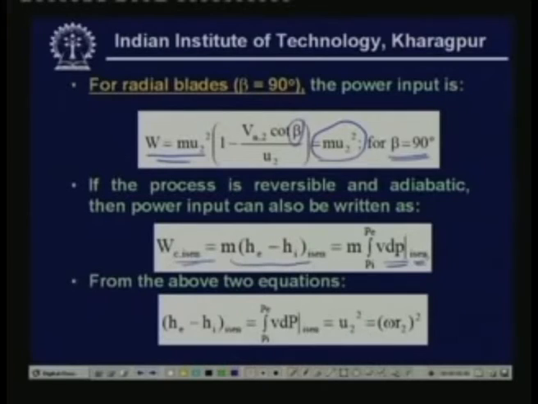If you equate these two equations, you finally find that the enthalpy rise for the isentropic process is linked to your tip speed U2 square, and tip speed is nothing but the product of rotational speed and the radius of the impeller. That's how we link the enthalpy rise to the blade parameters.